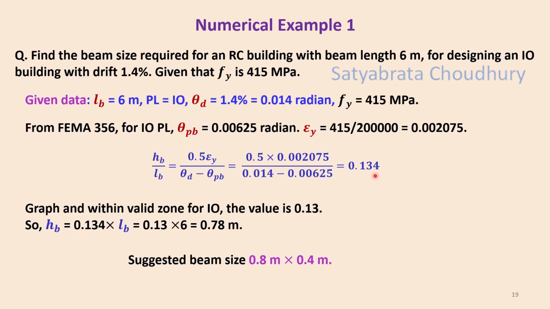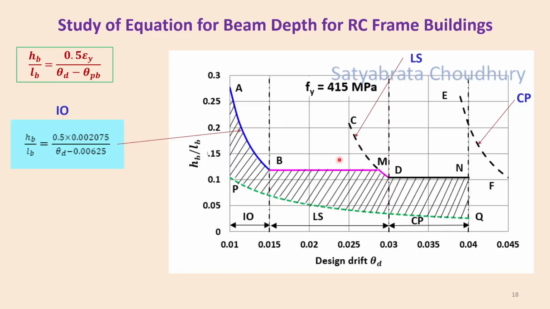Okay. Now you go back to the curve and see what happens to your 0.134 condition for IO on this curve. Our drift was 1.4%. So this is 1.5%. If you divide into 5 parts, 1.4 will be somewhere here, and you come here and come to this level. This is my IO.